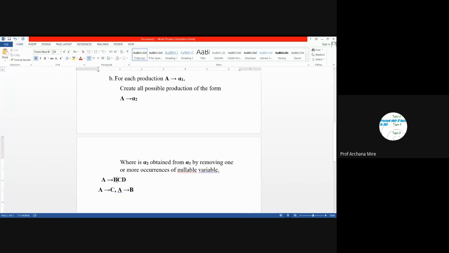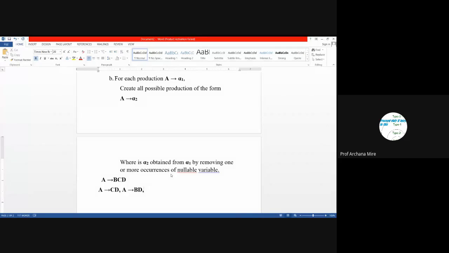First, remove only one symbol at a time. So the production rules will be A leading to CD. Then next, remove the second symbol. So a new production rule will be inserted, A leading to BD.